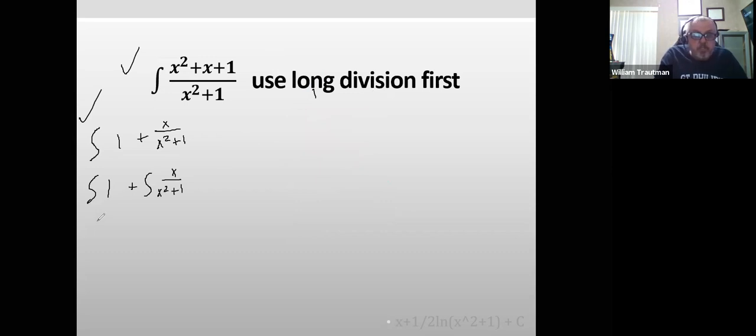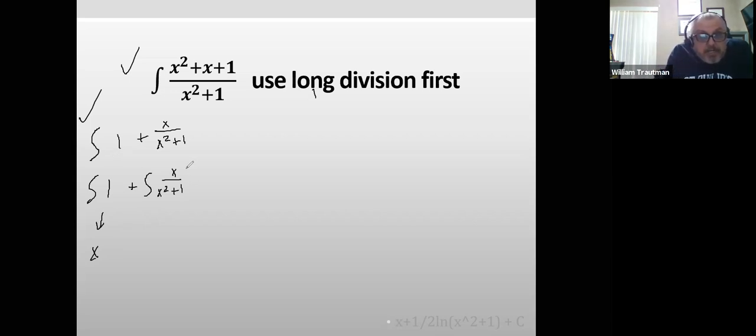Well, integrating 1 is easy. The answer is just x. And you can get that from your integral sheet also. Integrating a constant is the constant times x plus c.